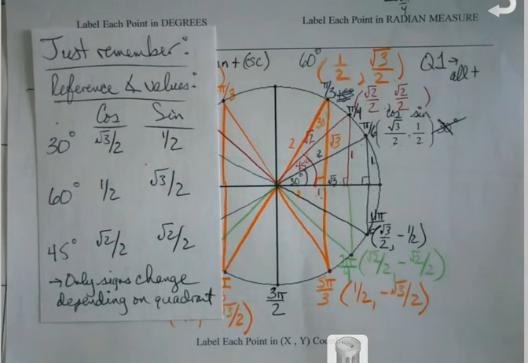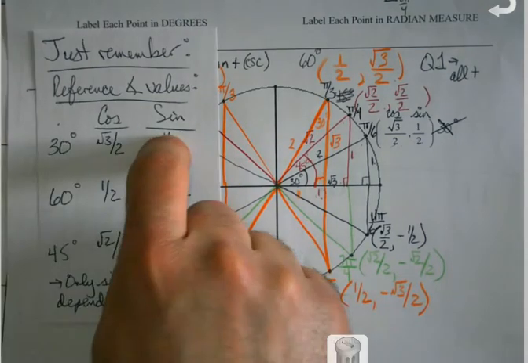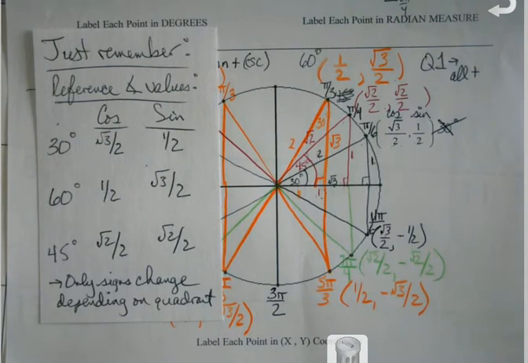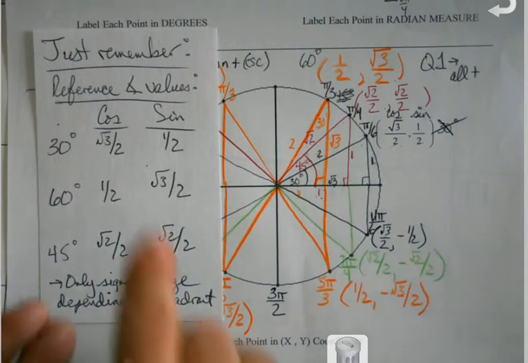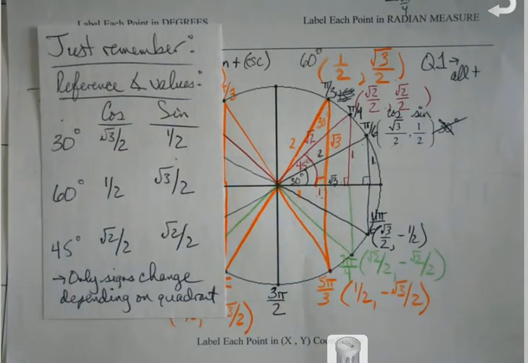The only thing you have to remember is which quadrant you're in. Quadrant 1, both positive. Quadrant 2, sine's positive, cosine's negative. Quadrant 3, they're both negative. Quadrant 4, just cosine is positive. And you've got to work with that. But these 6 values never change. It's just the signs that go on them.